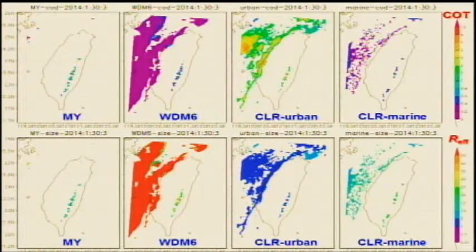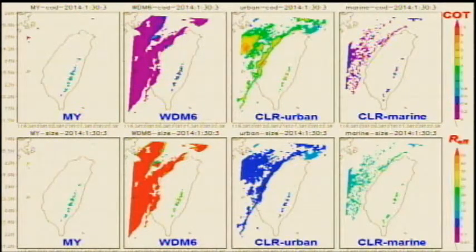And this is the simulated cloud optical depth. Actually, we don't see the fog in the Milbrandt and Yau scheme. And the WDM6 and ours produce pretty good fog, but the WDM6 optical depth is too low.